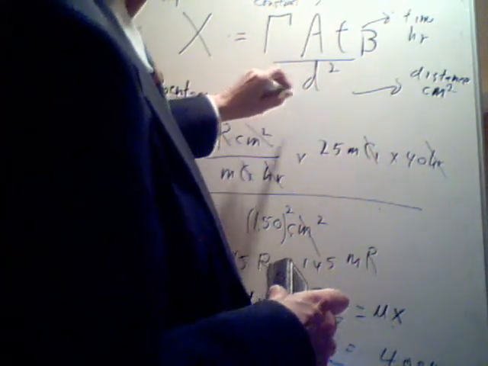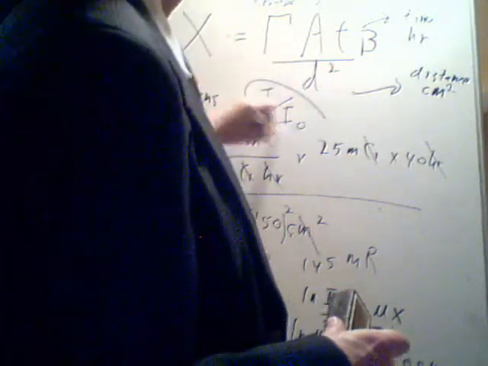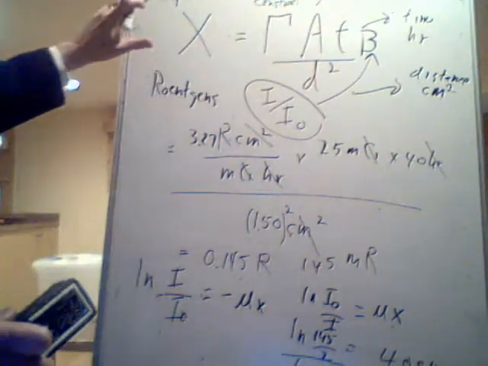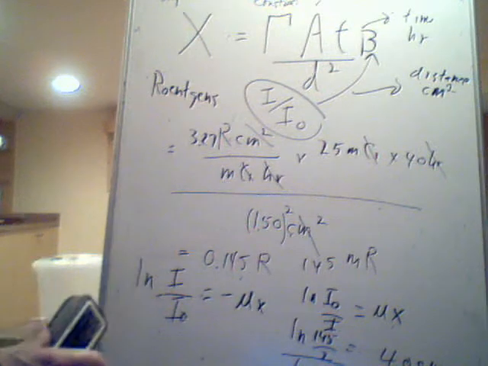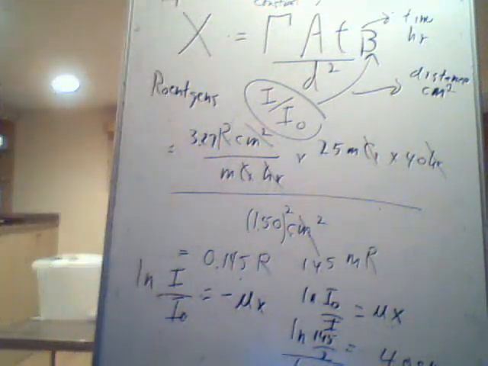So if we know I and we know I0, we can substitute this in for b, and that gives us really the complete equation. This equation describes everything you would need to consider if you're trying to find out what exposure rate you actually have in a given situation.